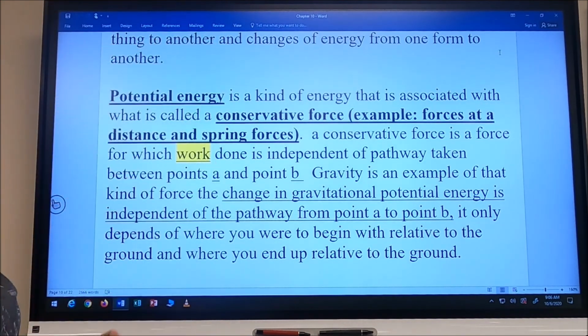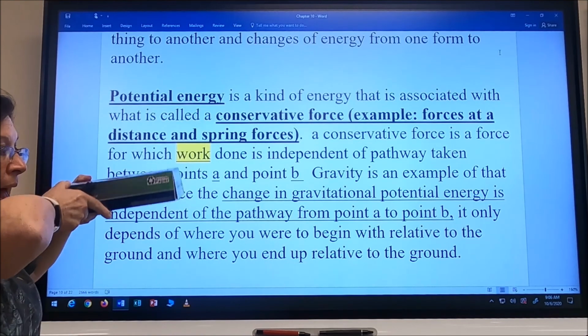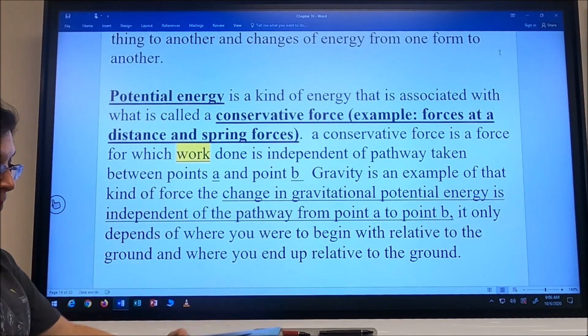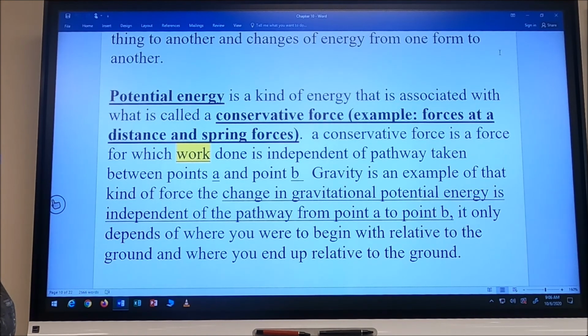If instead of coming straight down, I go over, back, over, back, over, back, and down to the same height, I still have the same change in gravitational potential energy, even though I took a new path to get there. So it doesn't matter how I go from point A to point B, only that I went from point A to point B to look at the change in gravitational potential energy.